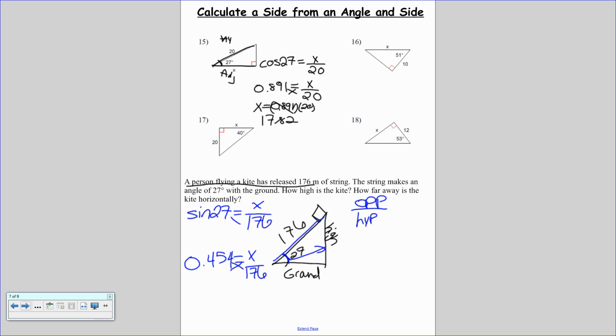So we're going to multiply that number by 176, and we get 79.9 is equal to x. So that's how high it is. Okay, so there's a nice practical use. If you go flying a kite and you want to know how high it is, figure out how long your string is and what the angle is from the ground. It's a nice way to do it.